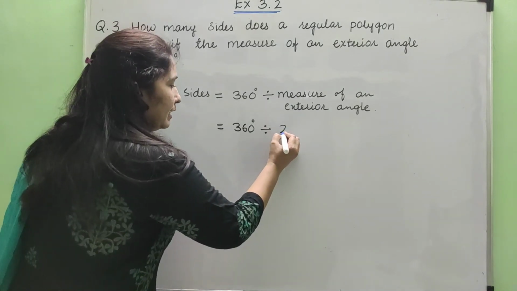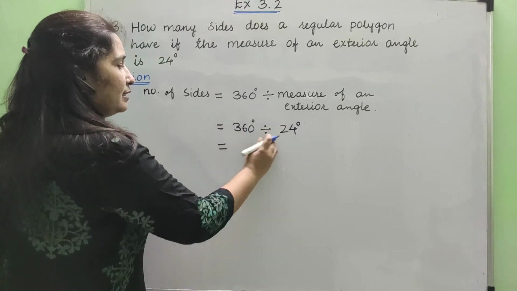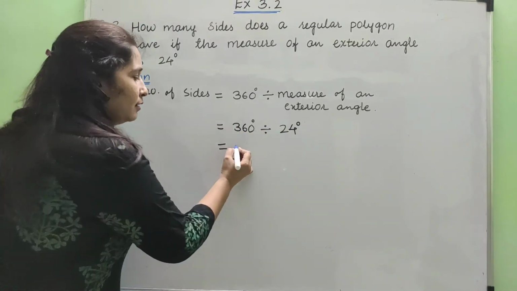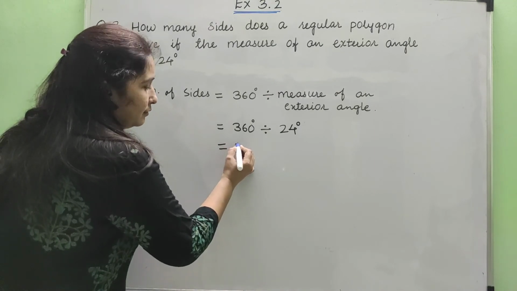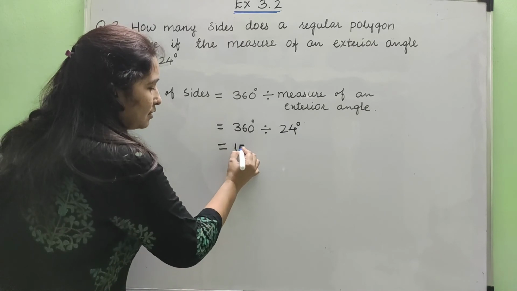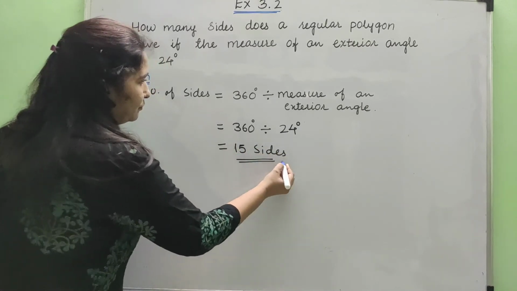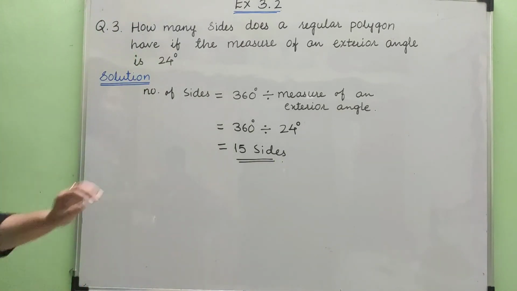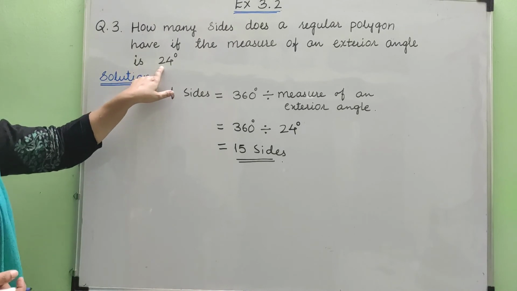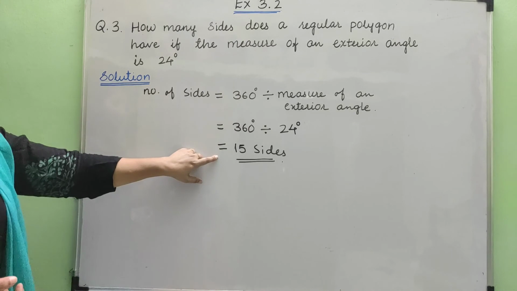So 360 degrees divided by 24 degrees is equal to, when you divide 360 by 24, you will get 15 sides. This is the answer. When the measure of the exterior angle is 24 degrees, then that will be a 15-sided regular polygon.